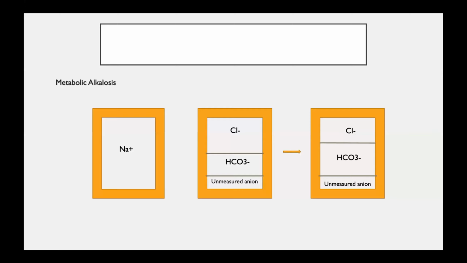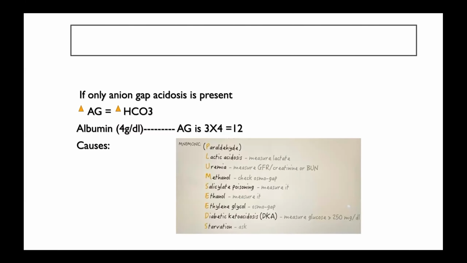So if anion gap acidosis is present, let's say there's no other problem, only anion gap acidosis, then you calculate the delta anion gap. Normal anion gap is 12, and you calculate the patient's anion gap.